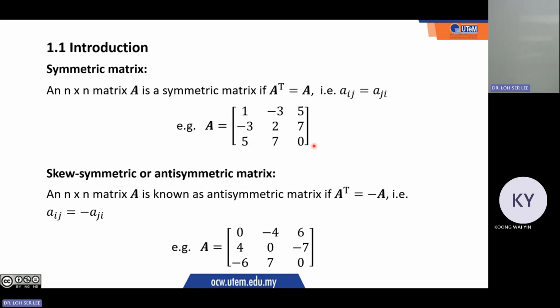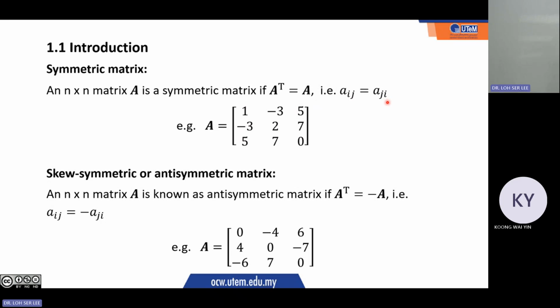And the last row, 5, 7, 0, is the same as this 5, 7, 0. This is a symmetric matrix, and transpose means we change the rows into columns. Or in other words, Aij equals Aji.